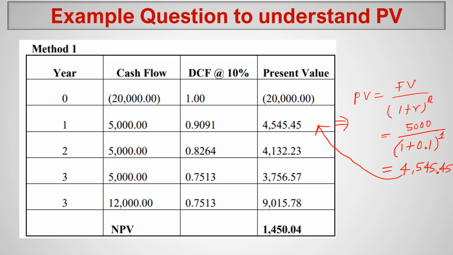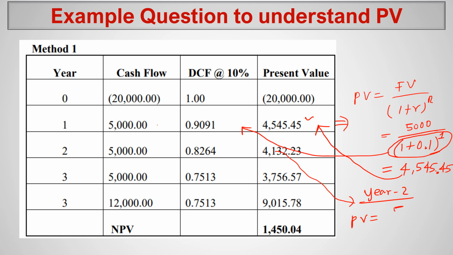So what business people usually do is calculate this amount, put it in the table, and use it to divide the 5,000 to get the final answer. Let me explain the second case as well. In year 2, present value equals future value.